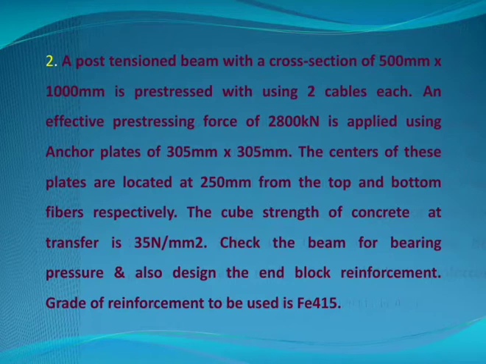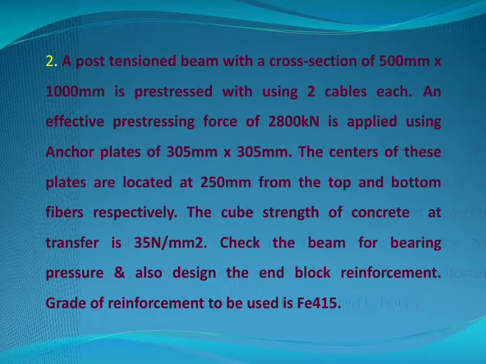So now in this case we have a beam which has a cross section of 500 by 1000. The pre-stressing is not done by a single cable, it is done by 2 cables, which are located at 250 mm from the top and bottom fiber. That means one cable is located at a depth of 250 from the top, whereas the other cable is located at a depth of 250 from the bottom.